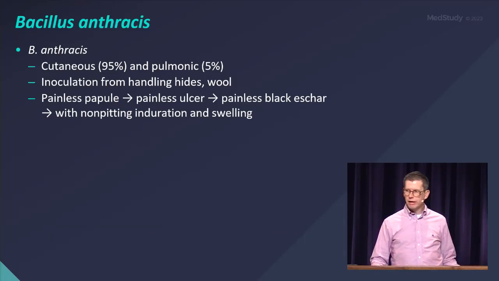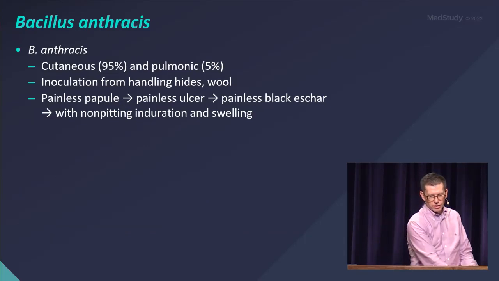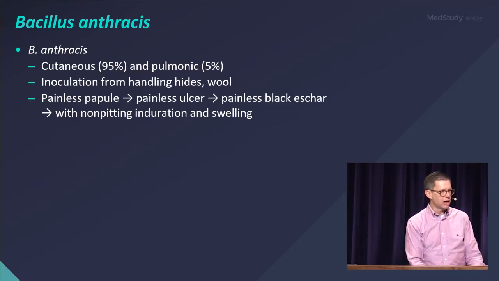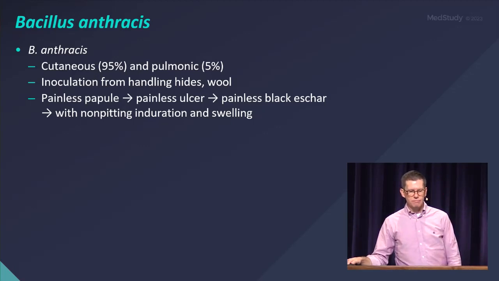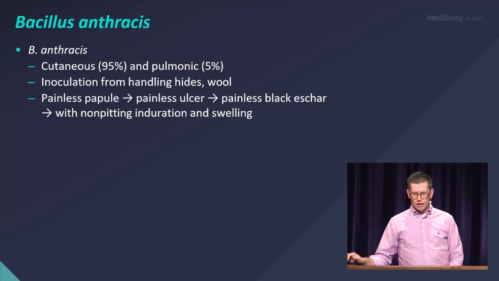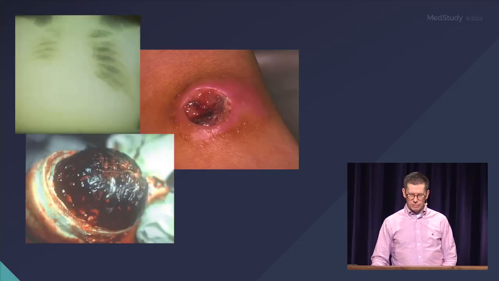So continuing with other gram-positive rods. So Bacillus anthracis, or anthrax, the most common manifestation is going to be a cutaneous infection followed by pulmonic. This is oftentimes going to be maybe wool sorters or something to do with sheep because of handling of hides or wool. It's going to evolve from a painless papule into a painless black eschar that you can see here.